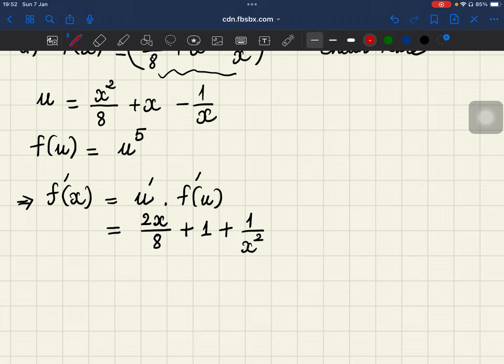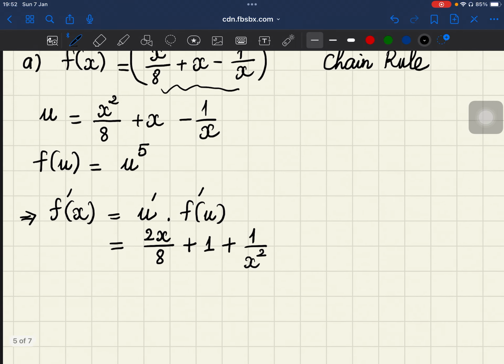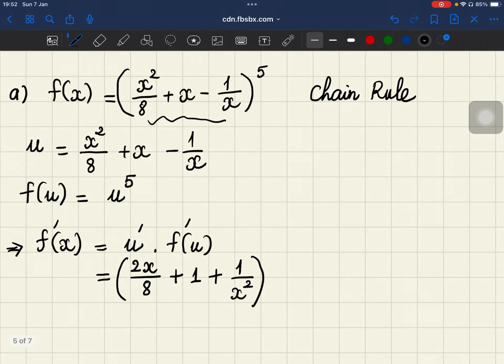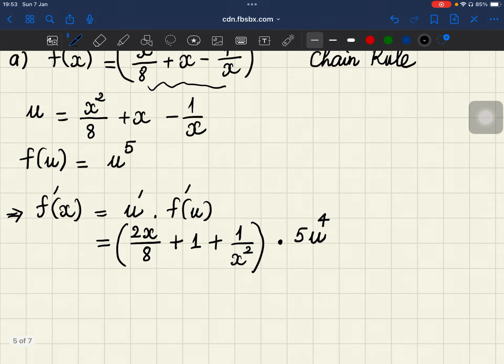So we will have the first derivative of u is equal to 2x divided by 8 plus 1 plus 1 divided by x squared. How about the first derivative of f(u)? We will have 5u to the power 4.